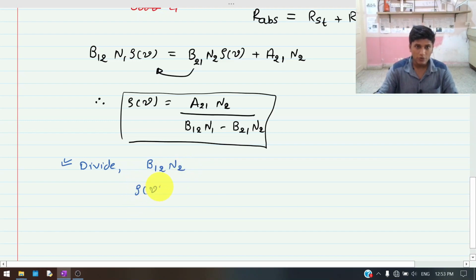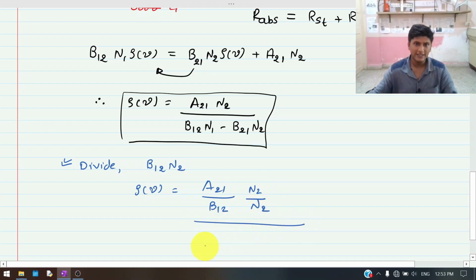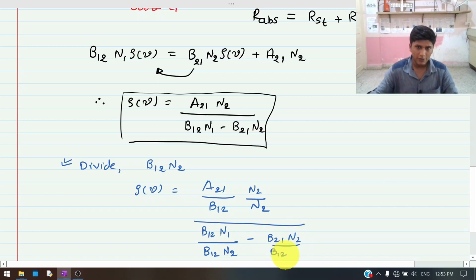So rho of nu becomes A21 over B12, N2 N2 cancels away, so it is N2 by N2. Let's just write it for the sake of completeness: B12 N1 over B12 N2 minus B21 N2 divided by B12 N2.